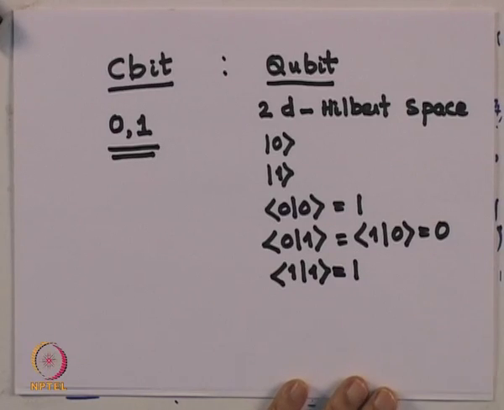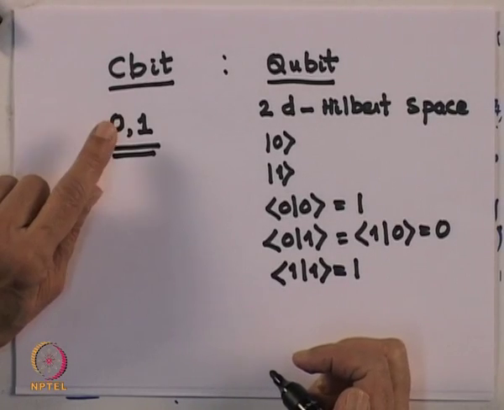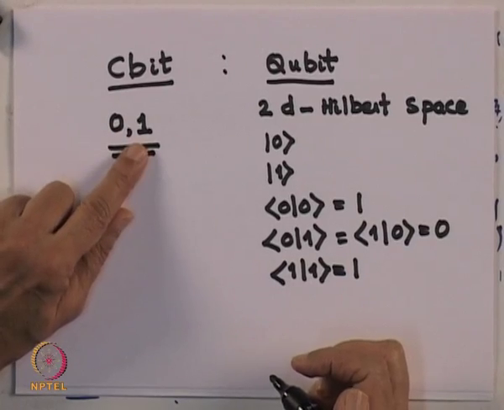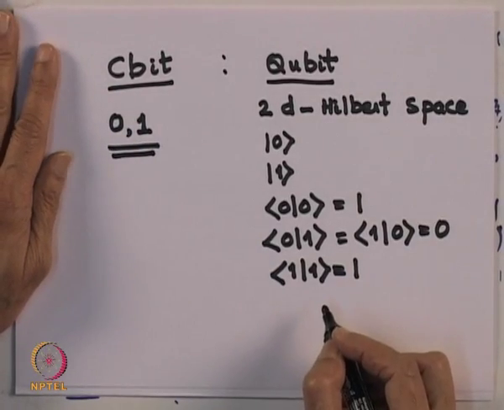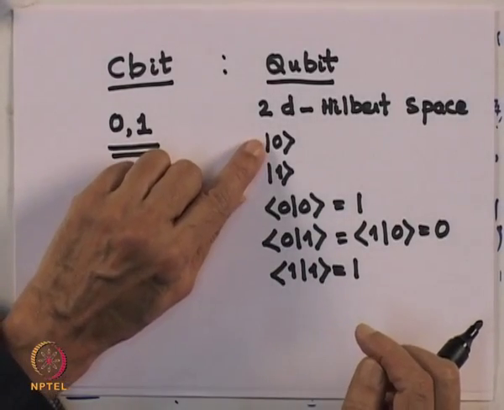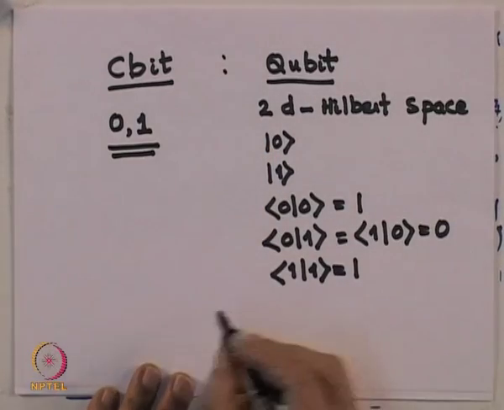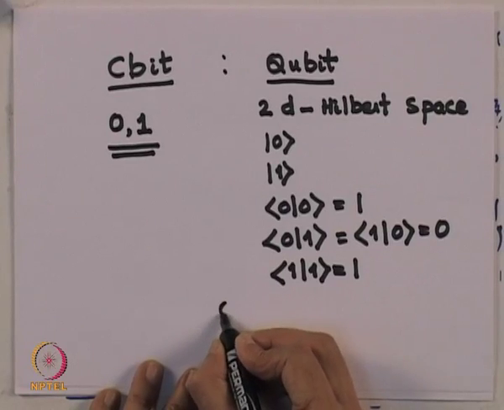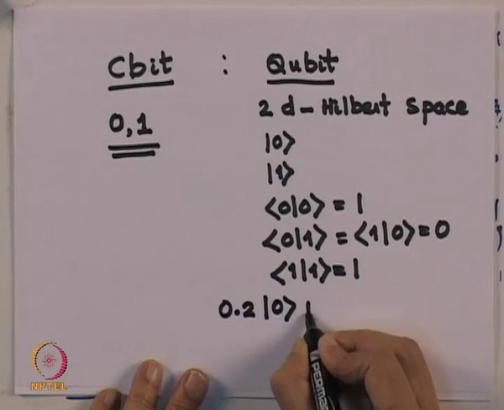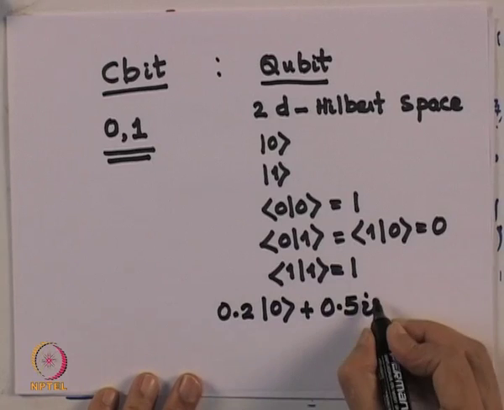The difference is that while a classical bit or a C bit can take the value either 0 or 1 at a time, in quantum mechanics, the smallest bit of information can be a linear combination of 0 and 1. For instance, in this context, I will say some statement like this: 0.2 times 0 plus, let us say, 0.5 i, where i is the square root of minus 1, times 1.